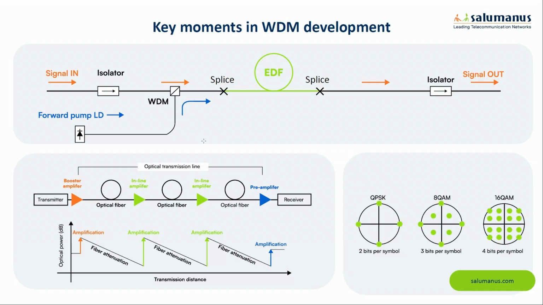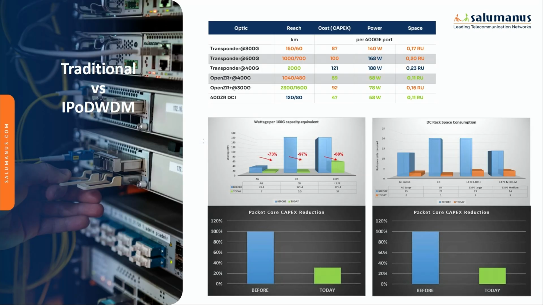This is the revolution that comes with the coherent transceiver, which is currently available in QSFP-DD form factor for 400G speed, and QSFP28 for 100G speed. And from the cost point of view, this approach brings a lot of savings. When we compare different services, this is the calculation per 400G port.